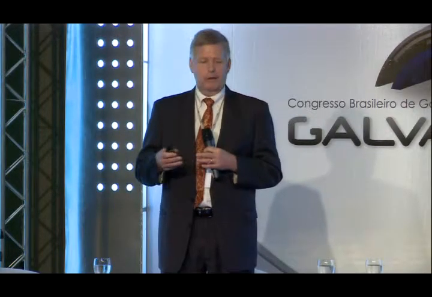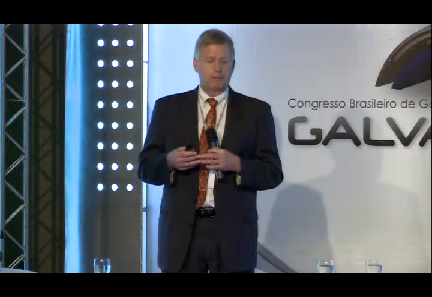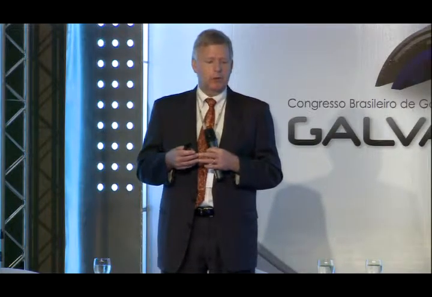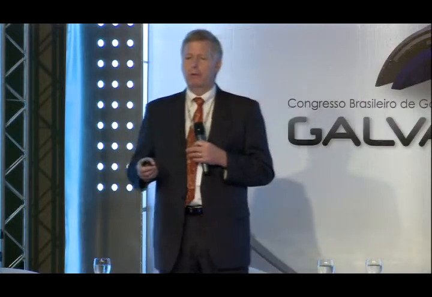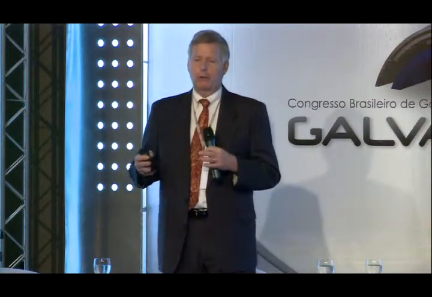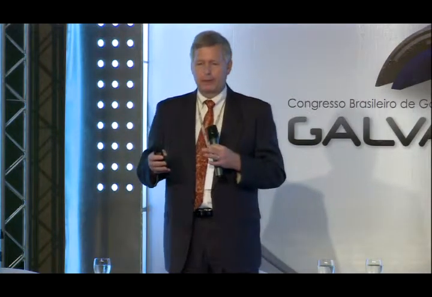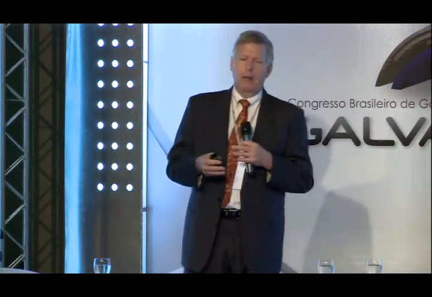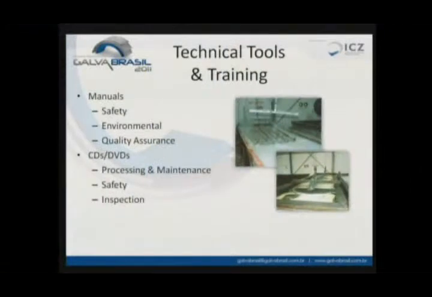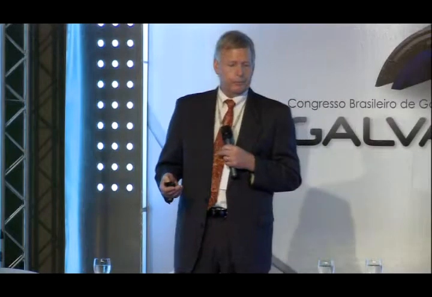And of course, they have the electronic information on processing and maintenance, also on safety and inspection. Maintenance includes things like the use of chains or other ways to hold jigs in the bath, the special ways that we are moving work in and out of the bath, how long they are lasting, what are the recommendations for maintenance and the materials for these special kinds of equipment.